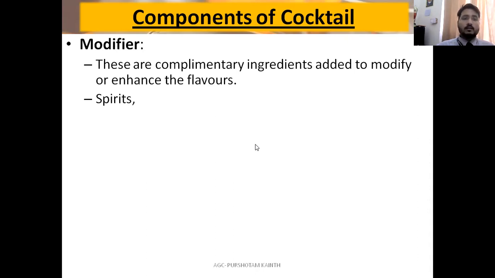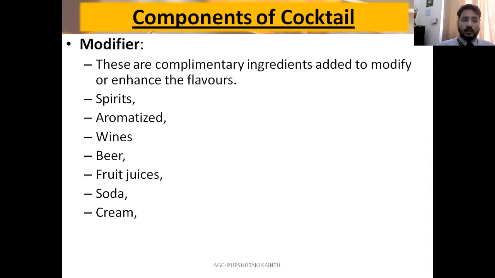What are the modifiers in a cocktail? Aromatized wines, anything that gives aroma, wines, beer, fruit juices, soda, cream, liqueurs, water. These can be considered modifiers in the cocktail. Once we have finalized the spirit, it could be brandy, vodka, gin, anything, we then pick some modifiers to put in.